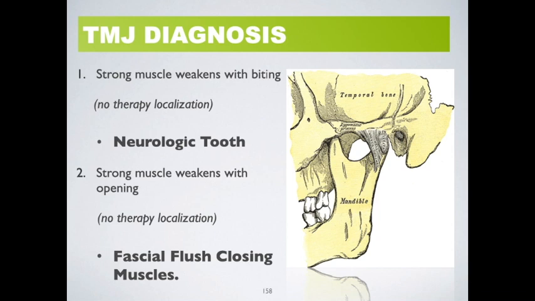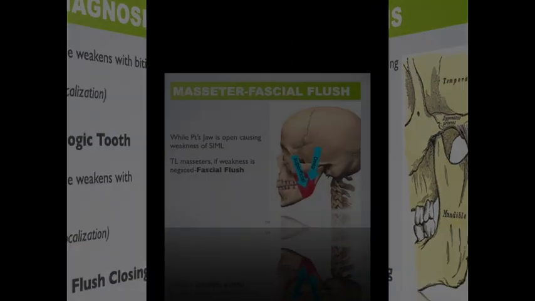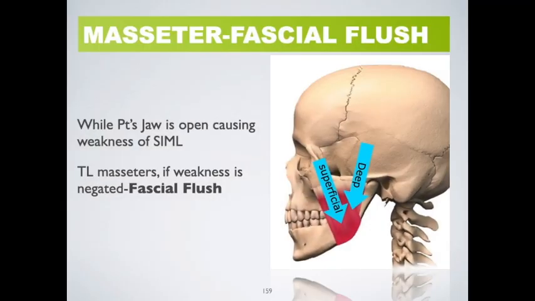Now, if we have a strong indicator muscle, the patient opens their jaw and there's a weakness, we know that there's a need for fascial flush of the closing muscles. We don't know which ones. That's when we go to the closing muscles.